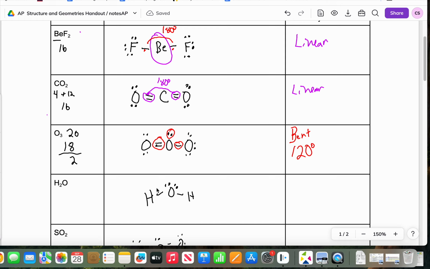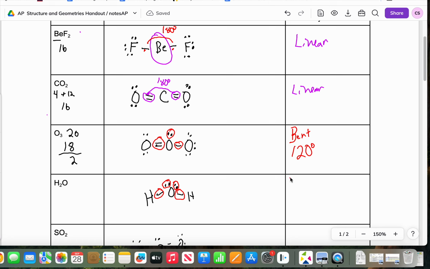Now, here's another one. This one has four electron domains, 1, 2, 3, 4. So in water, you have four electron domains around the central oxygen.